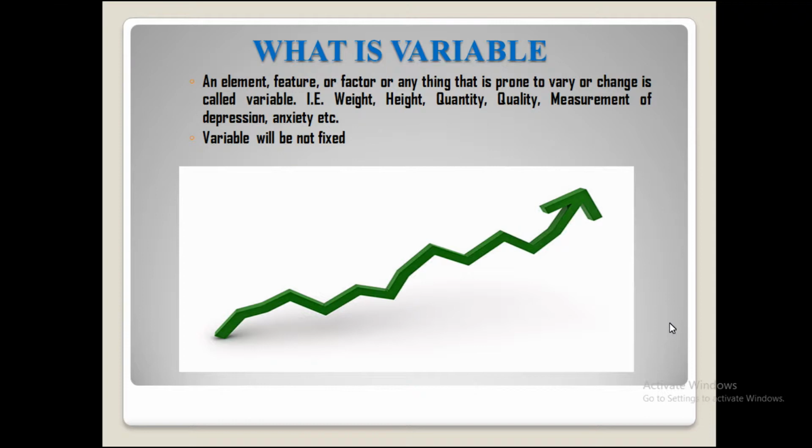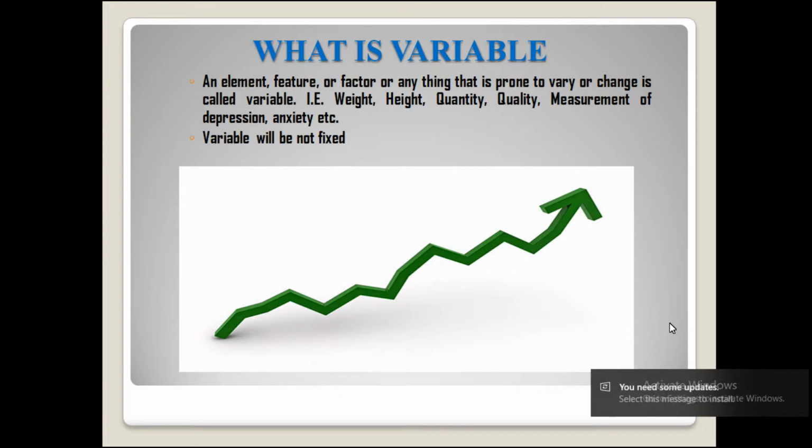And so measurement of depression: sometimes you feel much depressive, sometimes you feel moderate depression, sometimes you feel low depressive symptomatology. As anxiety, sometimes you are much anxious, much prone to develop anxiety symptoms. Most of the symptoms exist in you.